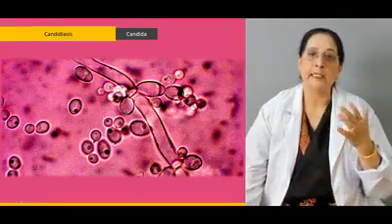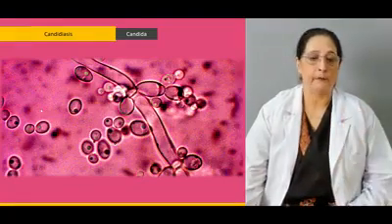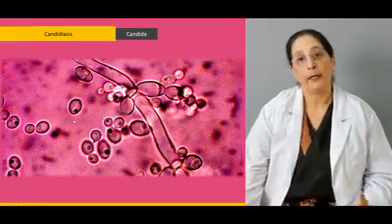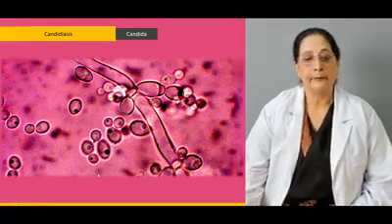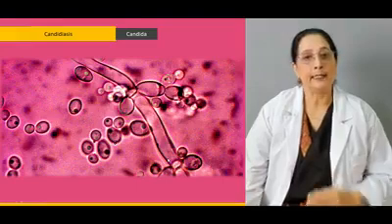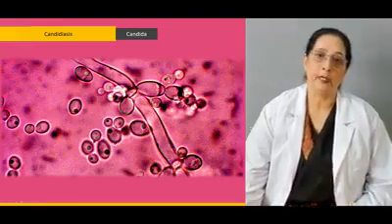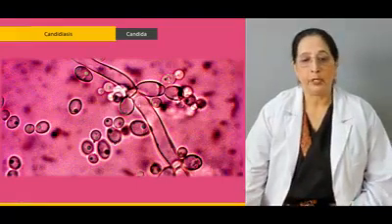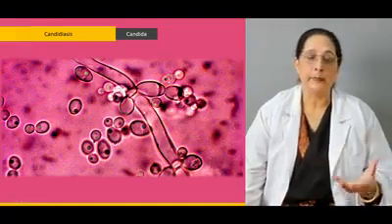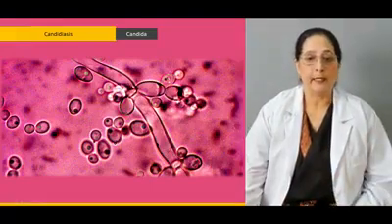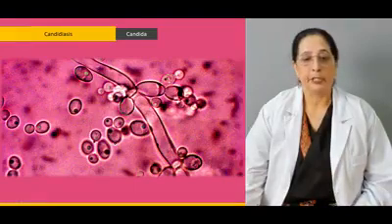We have the unicellular yeast form, which is the bud form, which is gram positive, and then we have multicellular pseudohyphae and hyphae, which are produced by the yeast buds, and they are attached to each other.